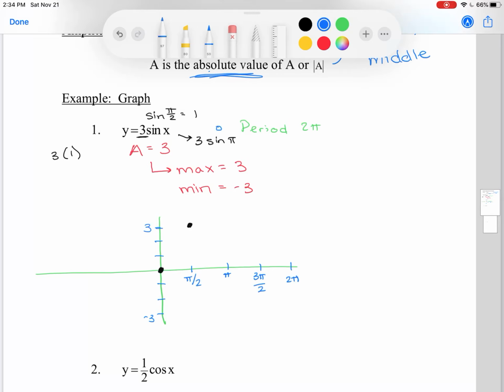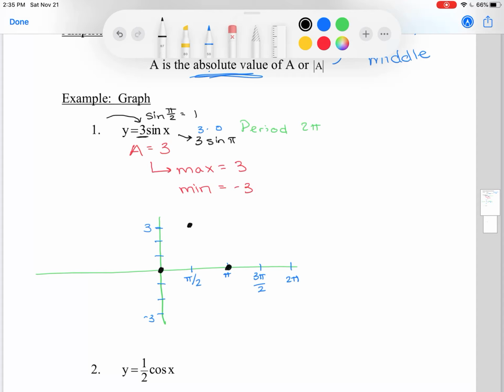That amplitude is now going to take my function and raise it up 3 on my height. Going back to pi, that is now asking us, what is 3 times sine at pi? Take a look at your unit circle. Well, at pi, your sine is 0. So now what is 3 times 0? And we are at 0.